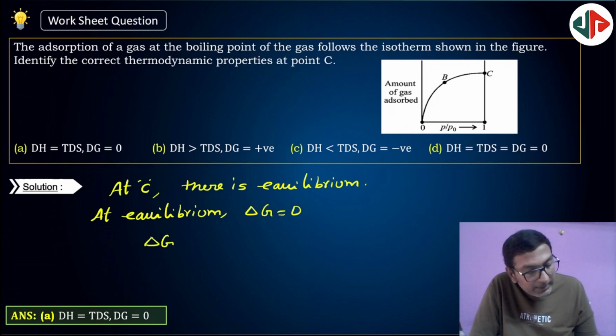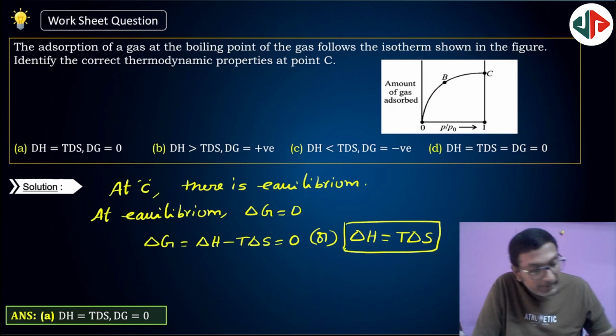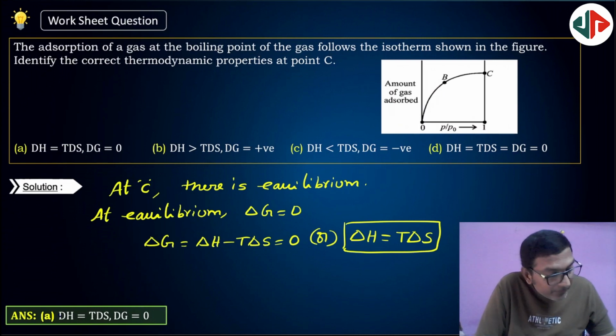So we know delta G equal to delta H minus T delta S, which is equal to 0. So we can write delta H equal to T delta S. This is the condition. Delta H equal to T delta S, and delta G is 0.